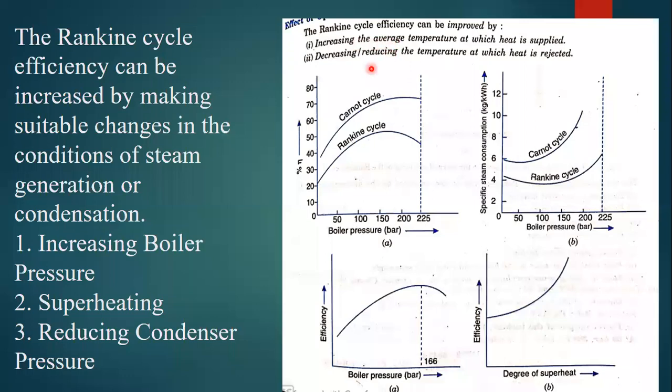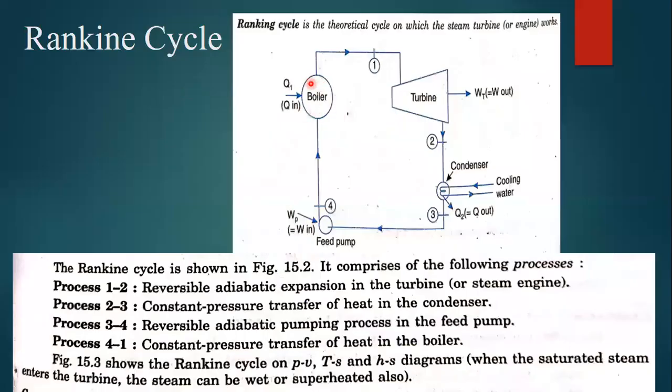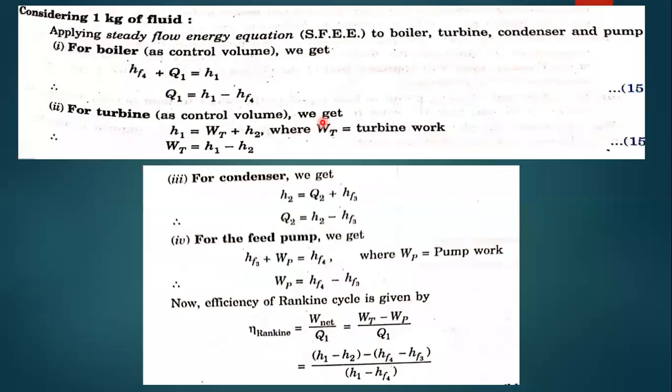At the boiler, what is the method to improve Rankine efficiency? One of the methods is to give additional heat. Wherever we supply heat, there we need to give some extra heat. Then the chance of getting higher efficiency in the Rankine cycle is high, right? In the same way, we are going to know.